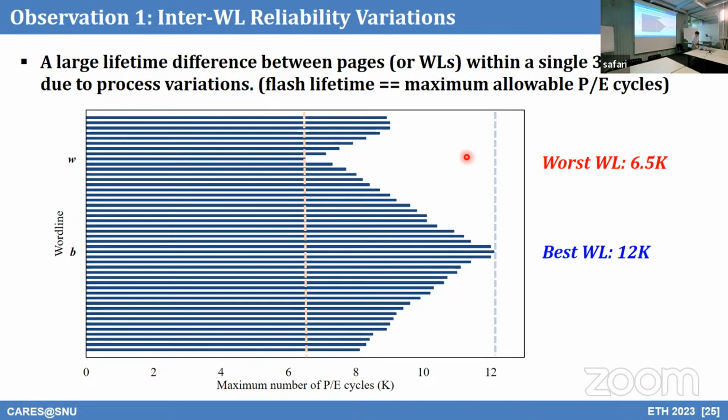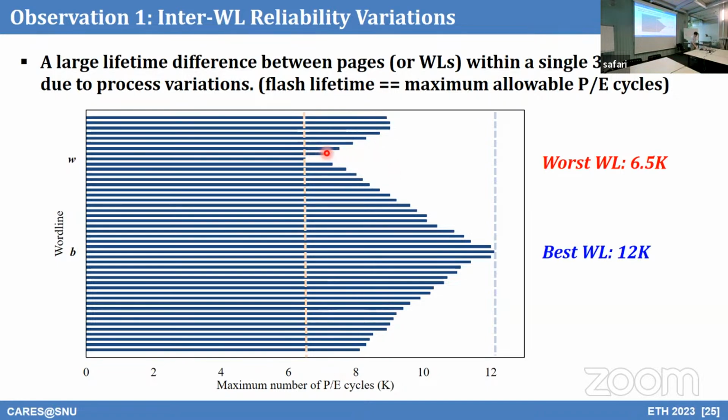So if you look at each word line, there is a huge difference between the best word line and the worst. This is in the vertical layer, and if you look at the position-wise around here, this is the best word line. It can go over up to 12K program erase cycles. And one nearby edge here, so edges are quite bad, as you can see here, and also here.